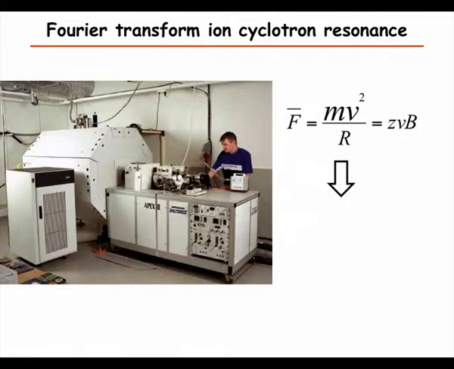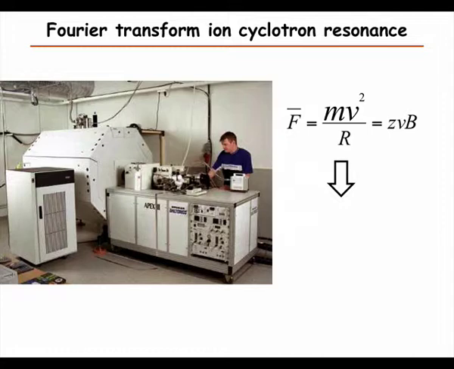So probably right now the mass spectrometers that give the highest resolution, so the thinnest peaks, are the Fourier transform ion cyclotron resonance mass spectrometers, and they're big.